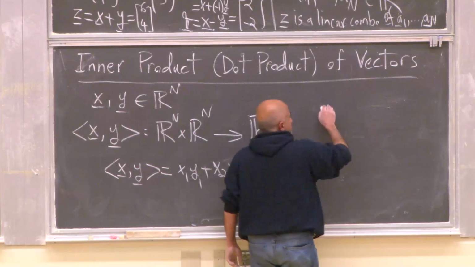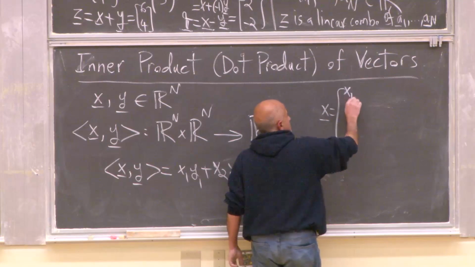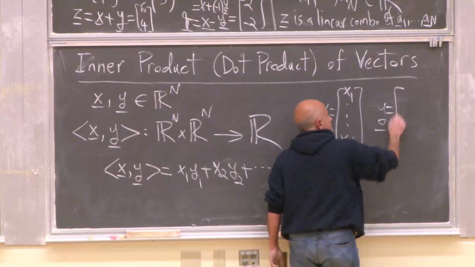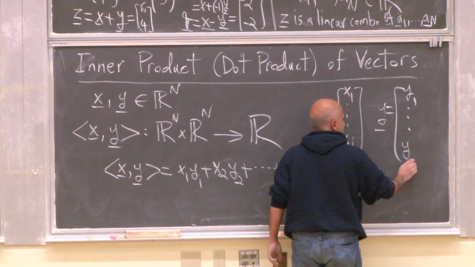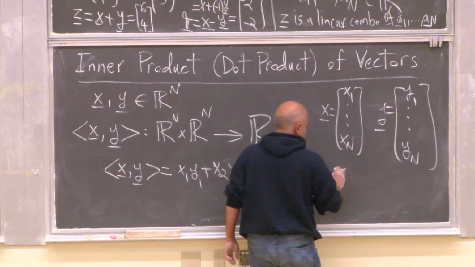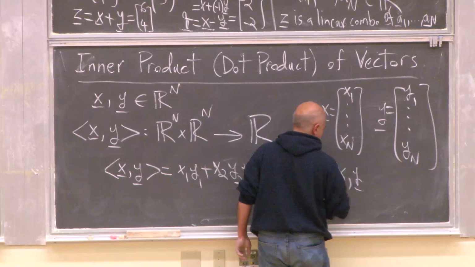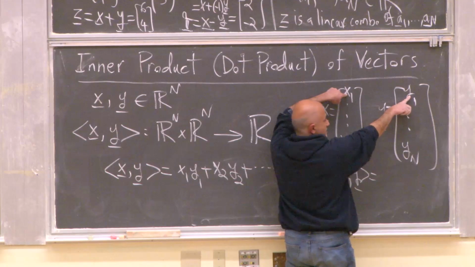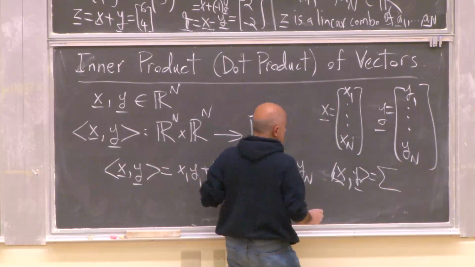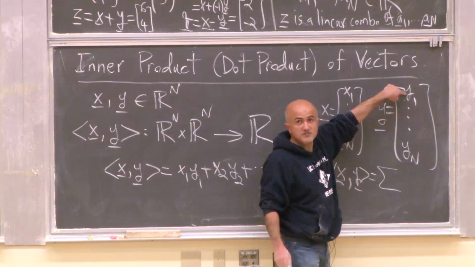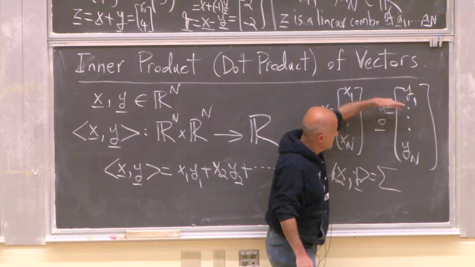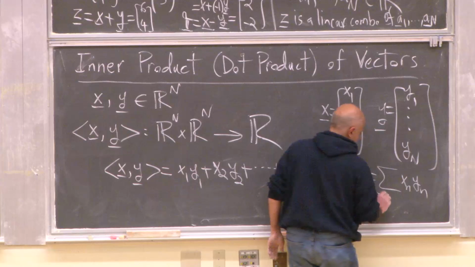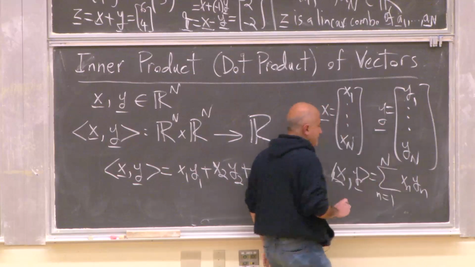In other words, x inner product with y is obtained by pointwise multiplying x and y and summing. You take the first component multiplied by the first component of the other, do this for every component and then add them all up. So this is the sum of xn yn, n goes from 1 to n.